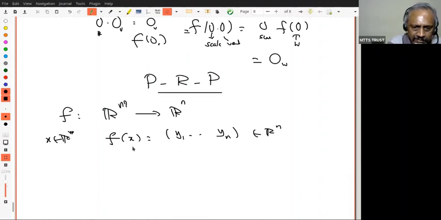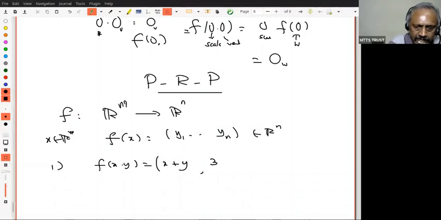You understand? Let us go back to our R2, the first example. F of xy was x plus y and 3x minus 2y. This is your first coordinate in the codomain. Therefore, this is your y1, and it's a function of x and y.